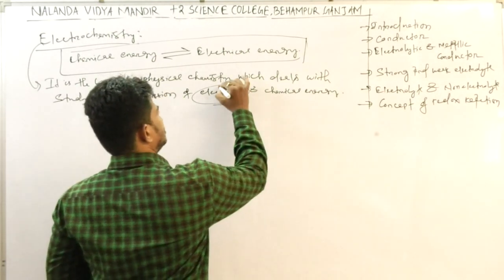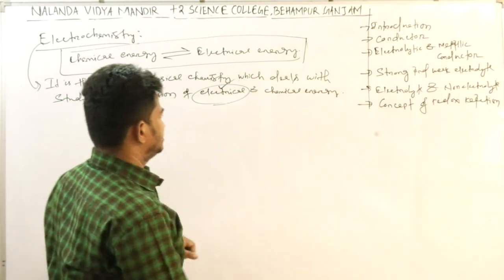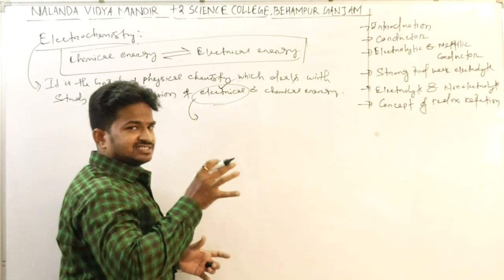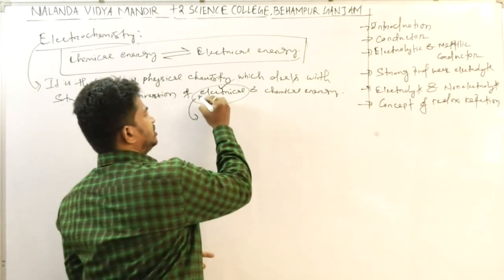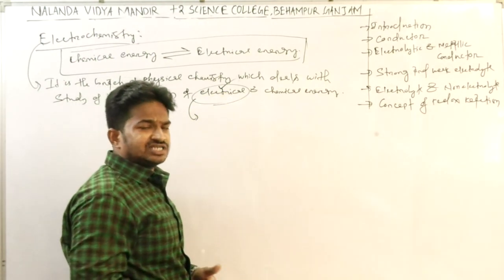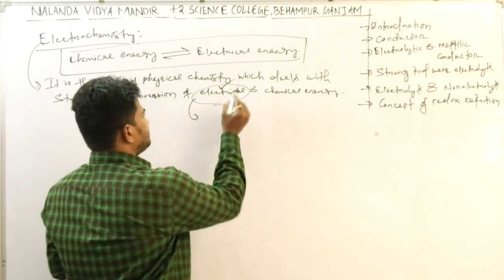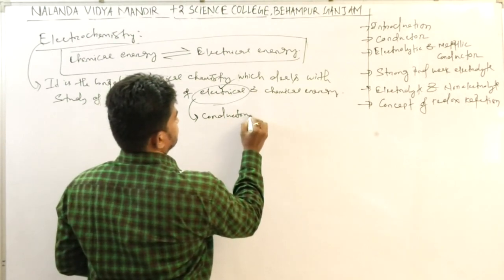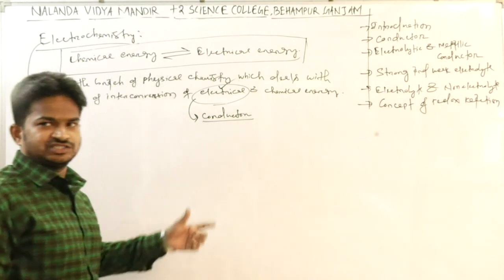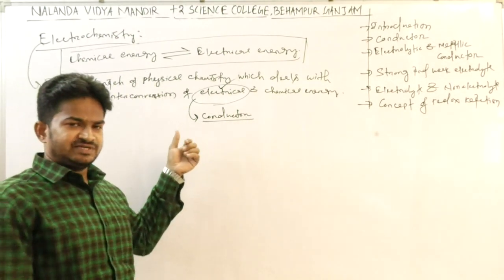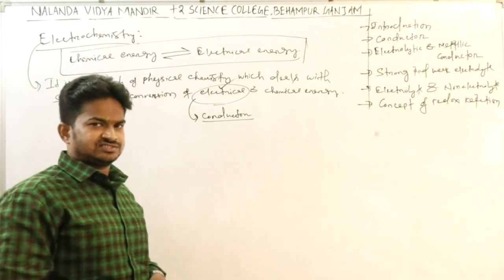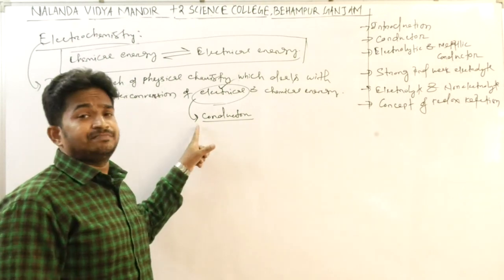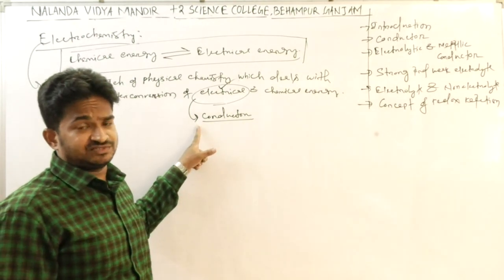So we should know at least the basics, and basic knowledge is required to understand it very well. The basics are conductors. What is a conductor, non-conductor and semiconductor? You have already learned this from the first chapter, from band theory in the solid state chapter.